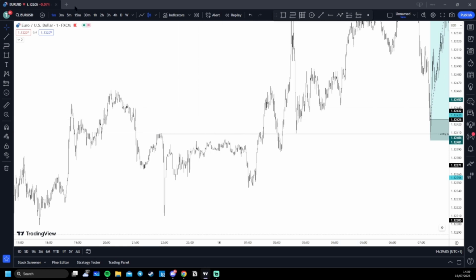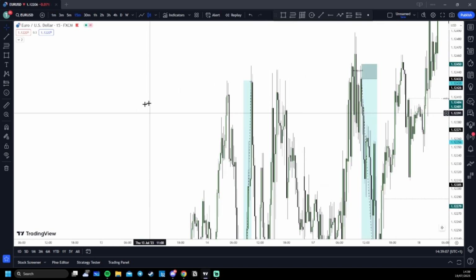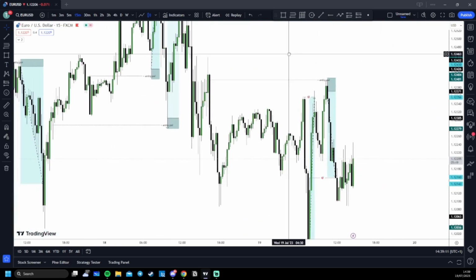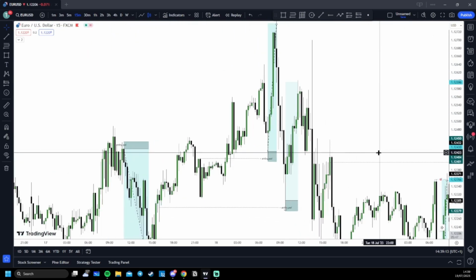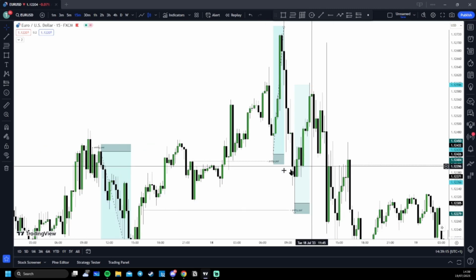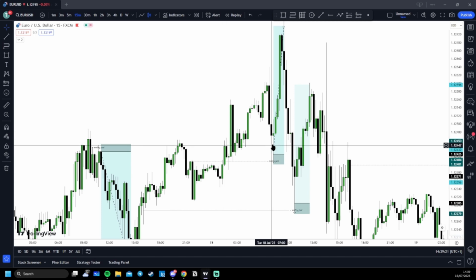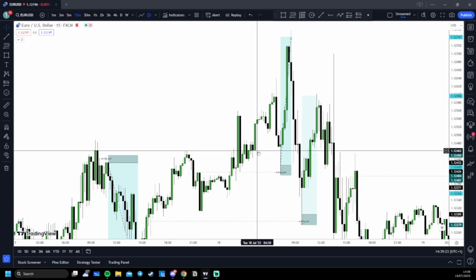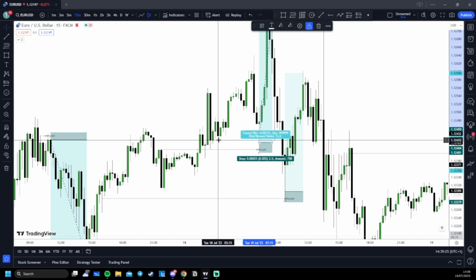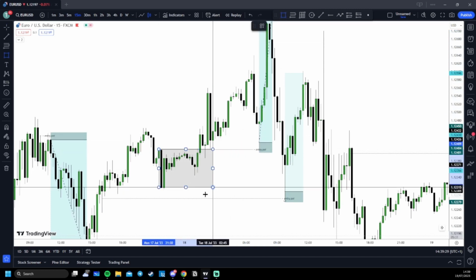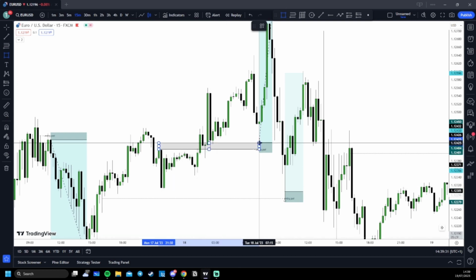Okay. So for this move here, obviously I'm ignoring all my biases for the day because I can't remember what my bias was. I'm guessing it's going to be a buy until a certain point. So I'm looking for a buy here, and we noticed that this whole area is what caused the push up.